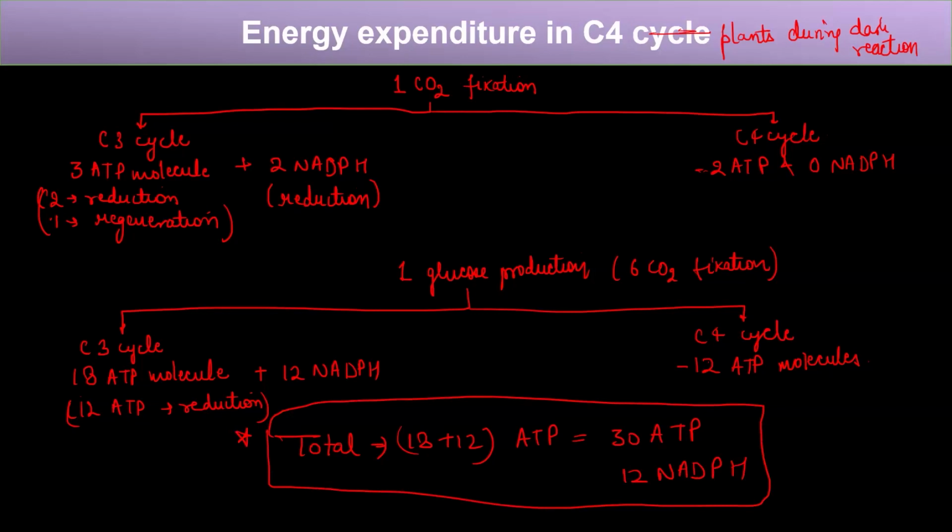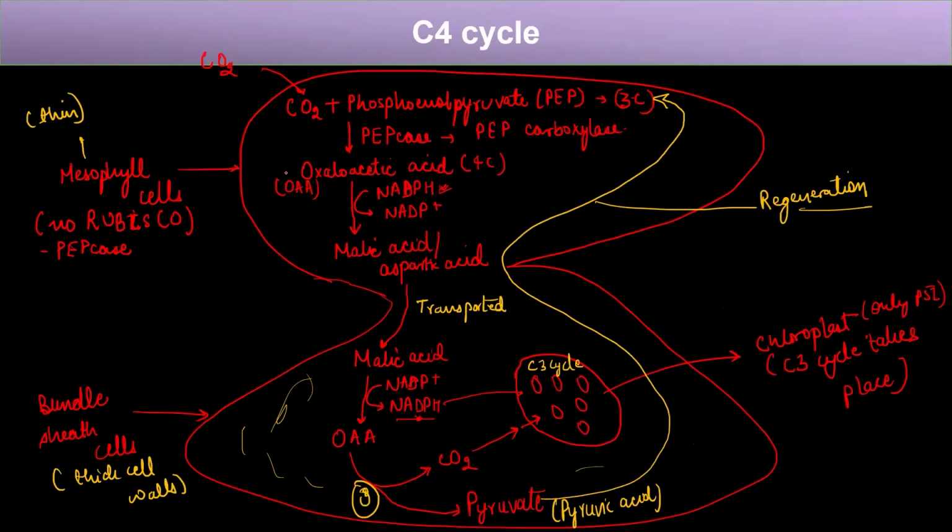Now, we said that the C4 cycle does not undergo photorespiration, right? What is the reason that it does not undergo photorespiration? If you look into the cycle, the first step is the initial carbon dioxide fixation. Where is it taking place? It is taking place in the mesophyll cells, right? And in the case of C4 plants, these mesophyll cells do not have rubisco.